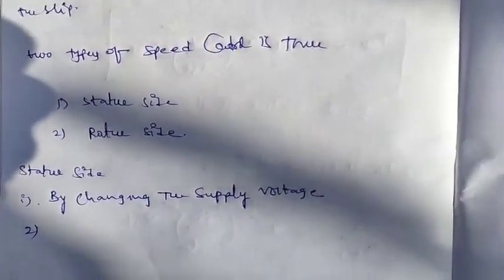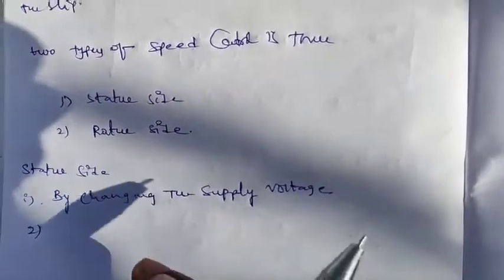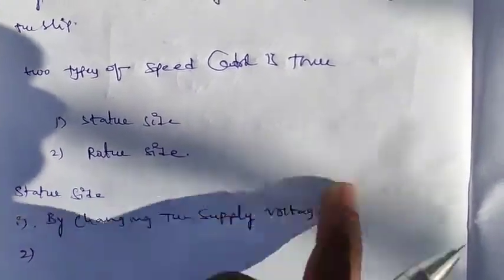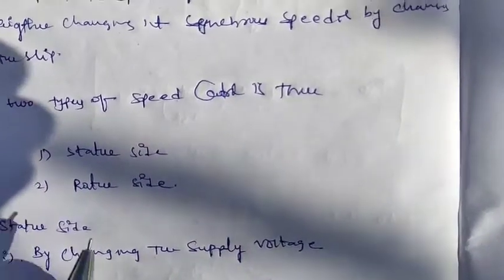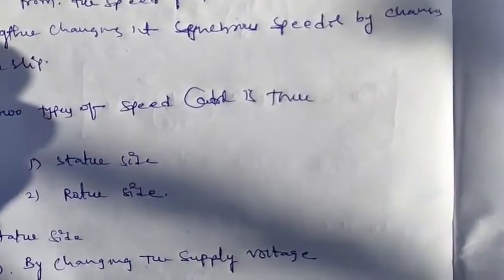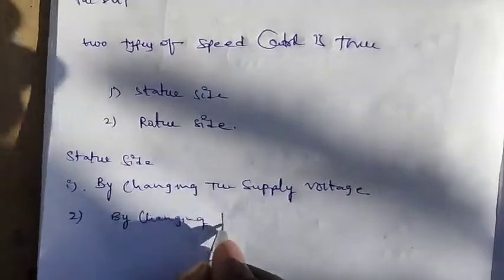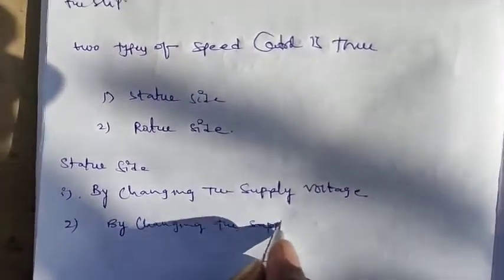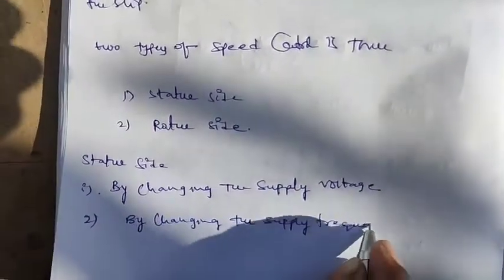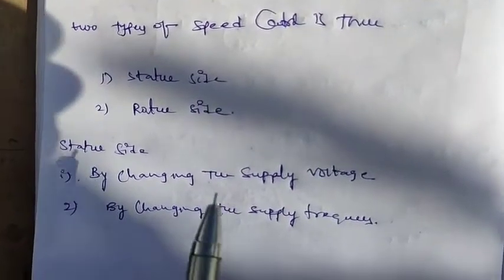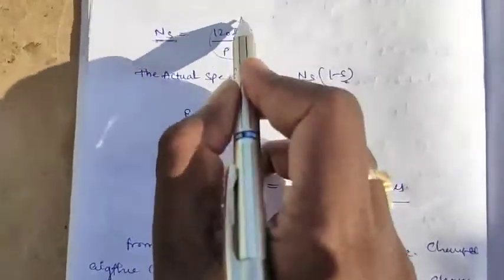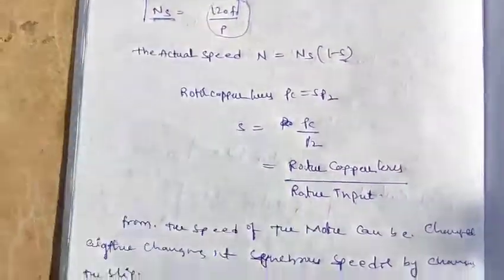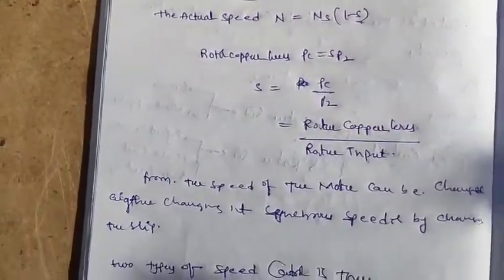By changing the supply voltage, the torque changes, and so the speed of the motor can be changed. Then by changing the supply frequency: from Ns equals 120 f by P, if we change the frequency, the speed of the machine can be changed. That is also from the stator side.